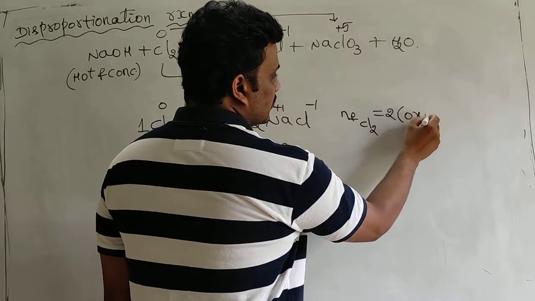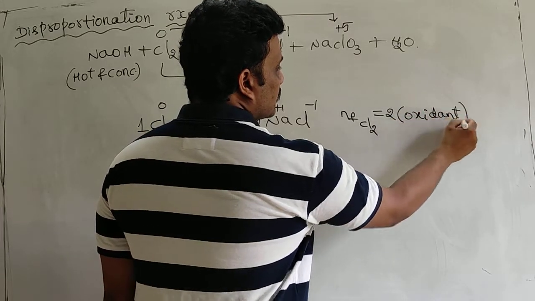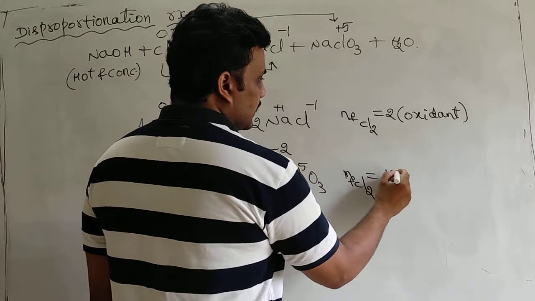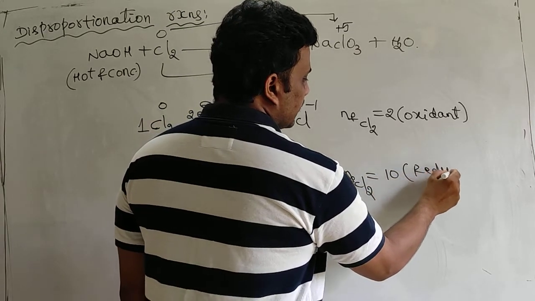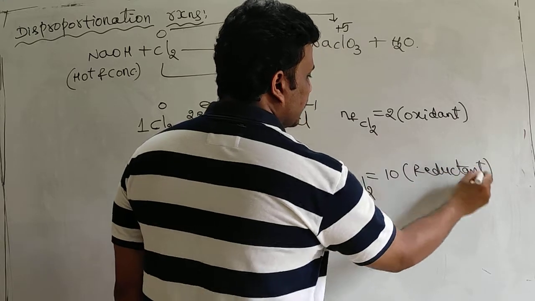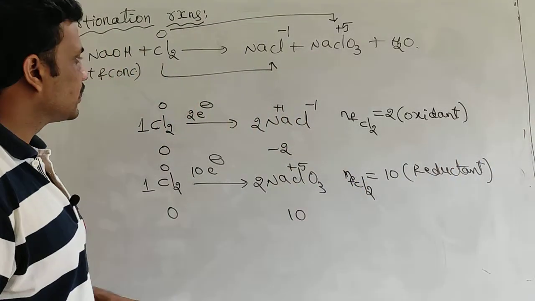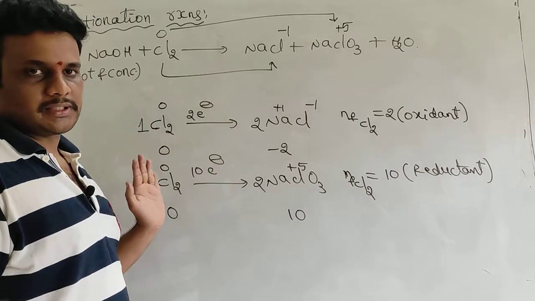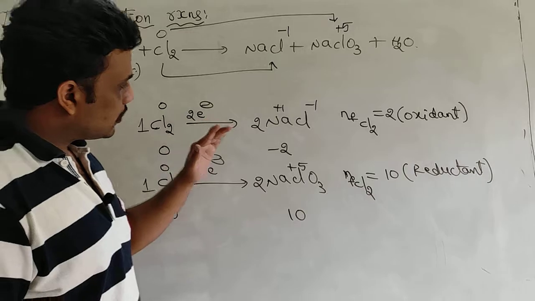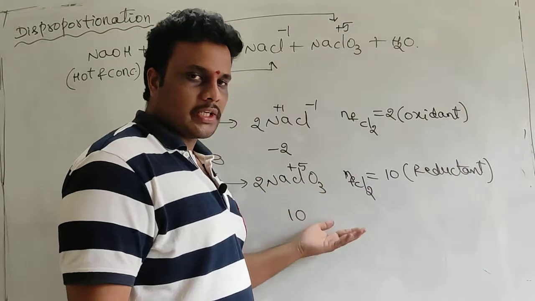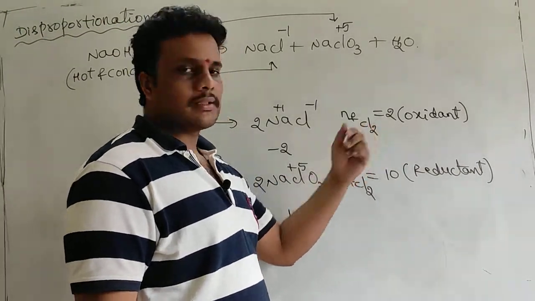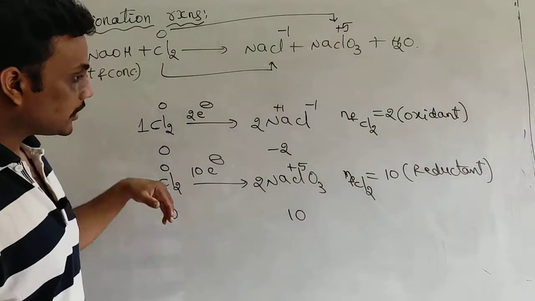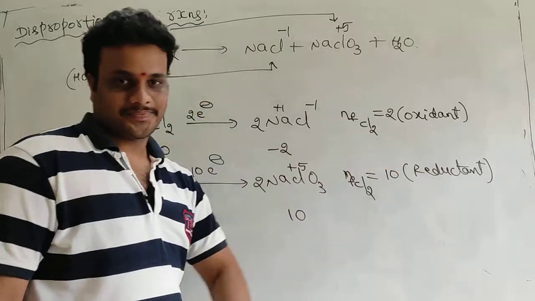So this n factor is for the oxidizing agent. The n factor of chlorine is 10 in the other step, and this 10 is for the reductant, because in disproportionation reactions, a single substance acts as both oxidizing and reducing agent. So chlorine acts as both. In this, the chlorine n factor is 2 when chlorine acts as the oxidizing agent. When chlorine acts as the reducing agent, the n factor is 10.